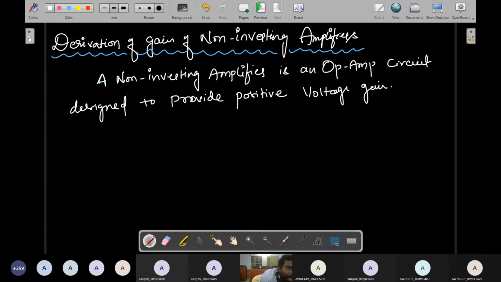So almost always non-inverting amplifiers show positive gain only.